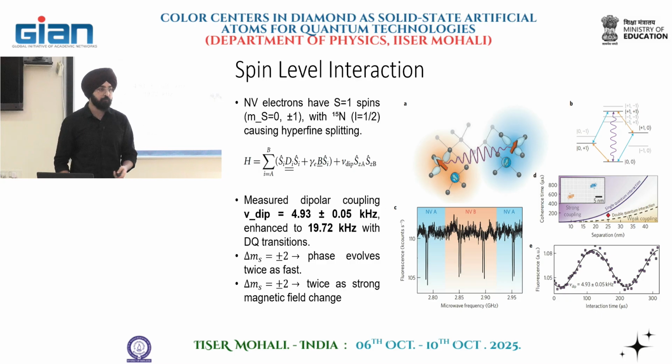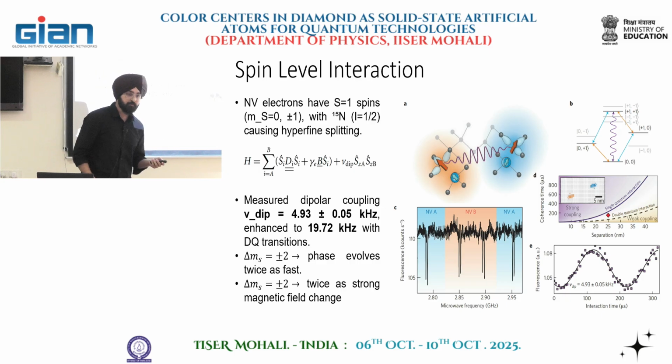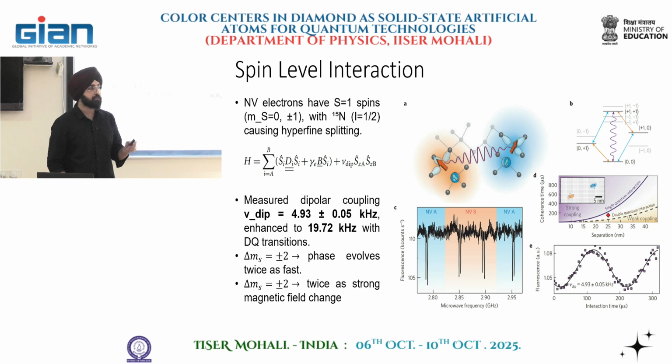It's evolving at double the rate it was earlier. And since it's delta ms equals plus minus 2, the change in magnetic field is also double as compared to the previous. So two double factors lead to a fourfold, let's say fourfold times the previous value of the coupling constant when we had single quantum transitions.